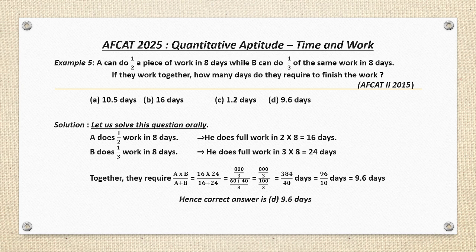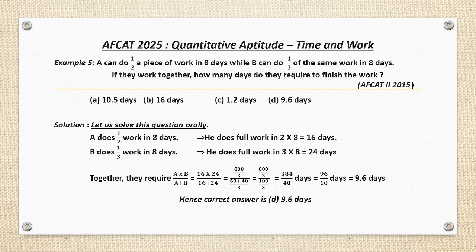Okay. Let us see how we can do it orally. A does half a piece of work in 8 days. That means you simply reverse the fraction and multiply it, so he does the full work in 2 into 8, 16 days. Then B can do 1/3 of the same work in 8 days, that means 3 into 8, 24 days.